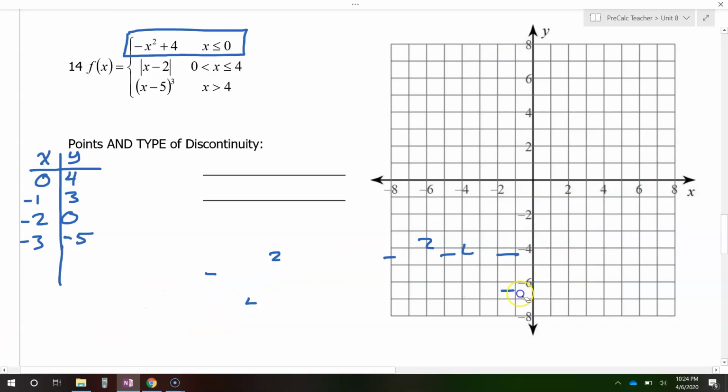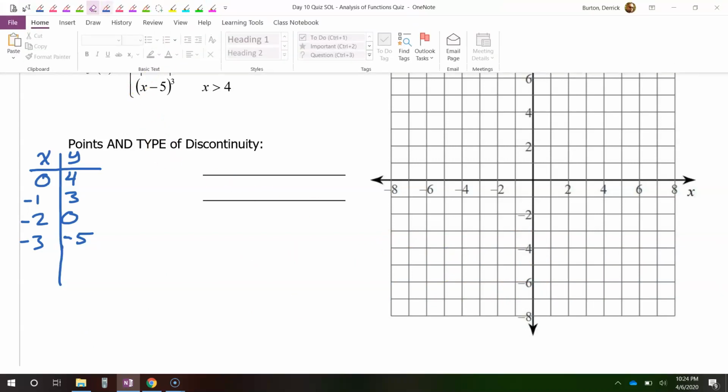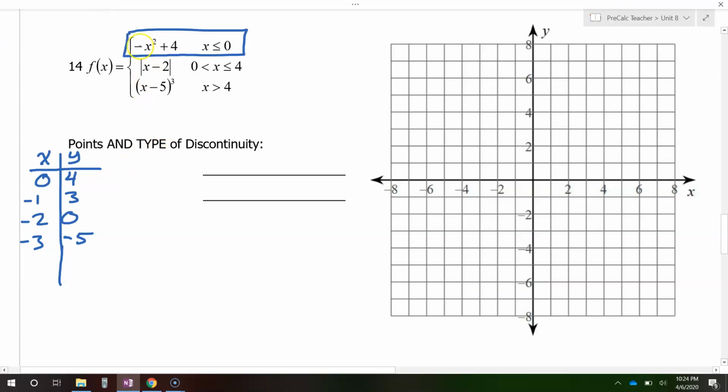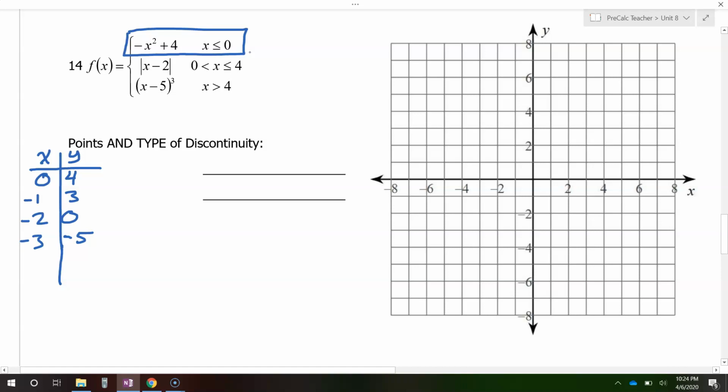As we do this graphing, remember that we're dealing with a parabola. Because of the negative sign in the front, we're expecting this to be some type of an upside down parabola. So that will just mentally guide you as we plot these points.